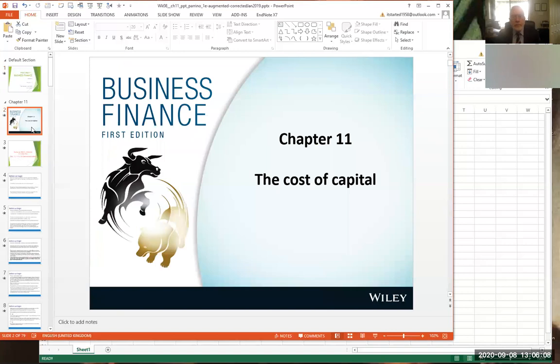Okay, I'll look at the cost of capital. So far, we've been doing a lot of investigation, learning different calculation skills, which are all related to working out rates of return and the value of money into the future and all sorts of interesting, exciting things to do with financial calculations.